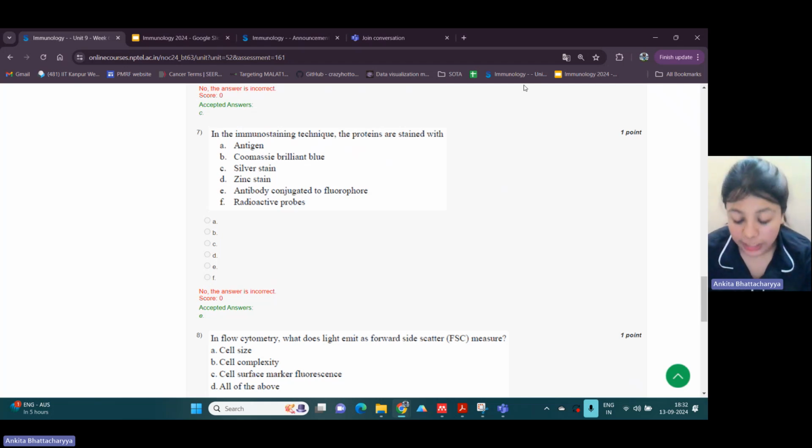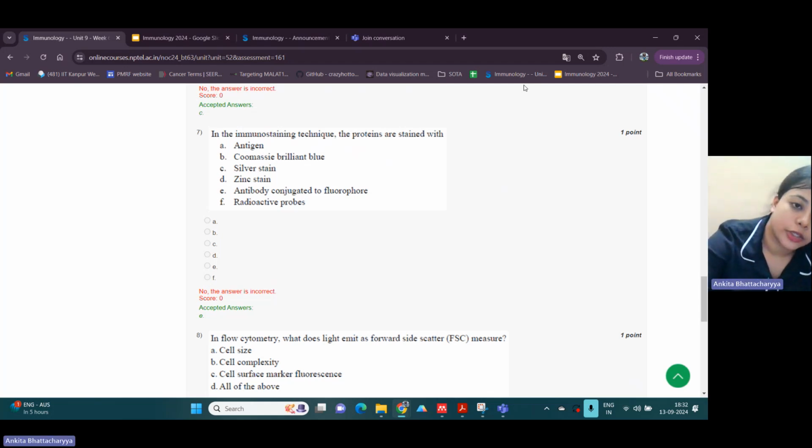However, when we have specifically been asked how they can be stained, then instead of the antigen, Coomassie brilliant blue, silver stain, zinc stain, and radioactive probes, the correct answer would be antibodies that are conjugated to a fluorophore. This is mostly done for the secondary antibodies, so that you would be able to cover a very large number of proteins, and do so very efficiently.